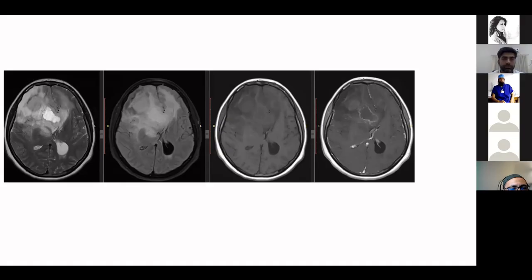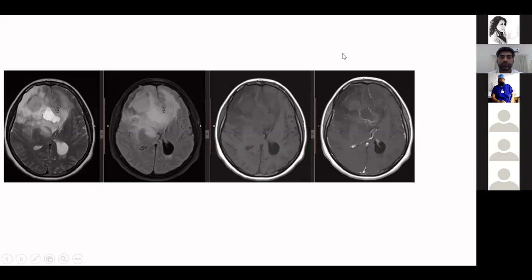On T2 weighted images, I can appreciate a large abnormal signal intensity area centered on the right frontal lobe, which is crossing through the genu of the corpus callosum probably. It has a central cystic area, which is T2 hyperintense. The rest of the area is mostly T2 isointense with a few rounded, relatively T2 low signal areas.